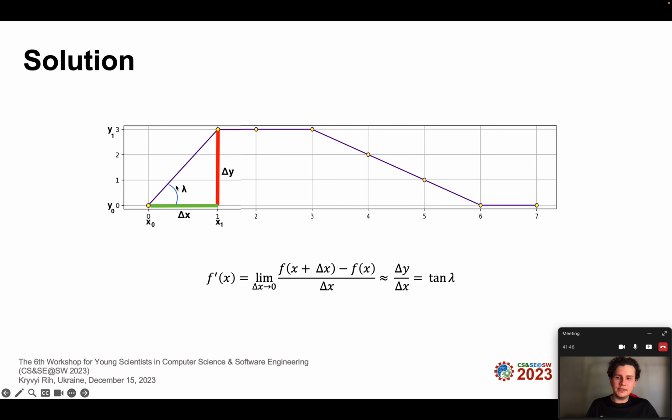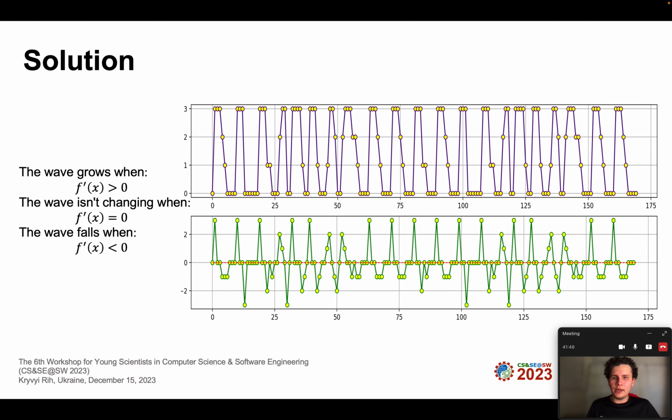And in this case we can understand when exactly the wave grows, when the wave isn't changing, and when the wave is falling down. You can see in this graphic, which is a graphic of a derivative, that when the derivative, or slope, of this line is bigger than 0, the wave is growing up.